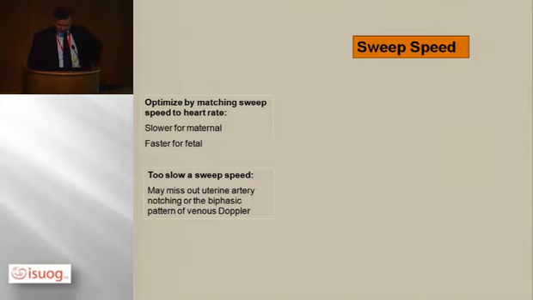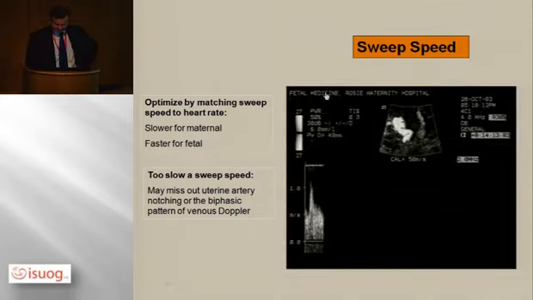Sweep speed. Again, one of those buttons that people fear to press, don't often press, but you can optimize by matching sweep speed to heart rate. So generally speaking, you want a slower sweep speed for maternal and faster for fetal.